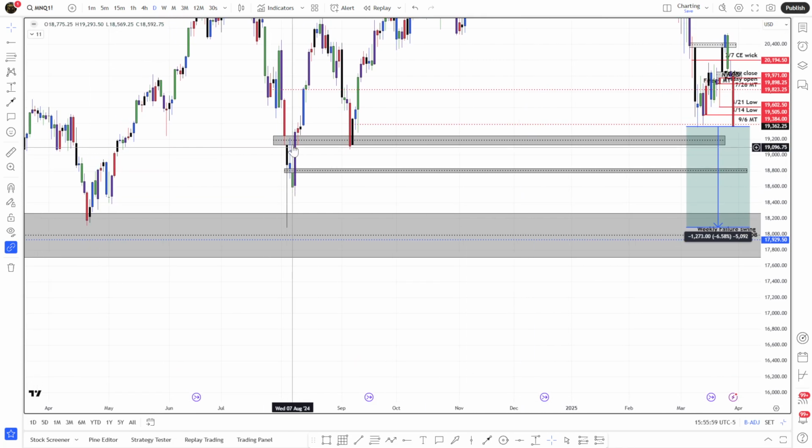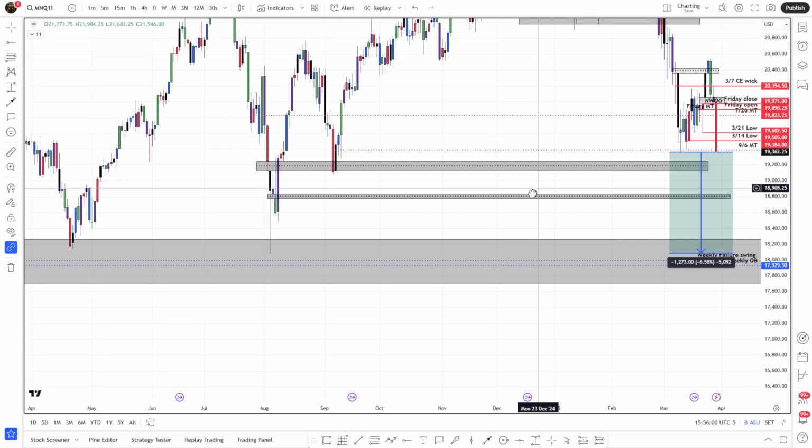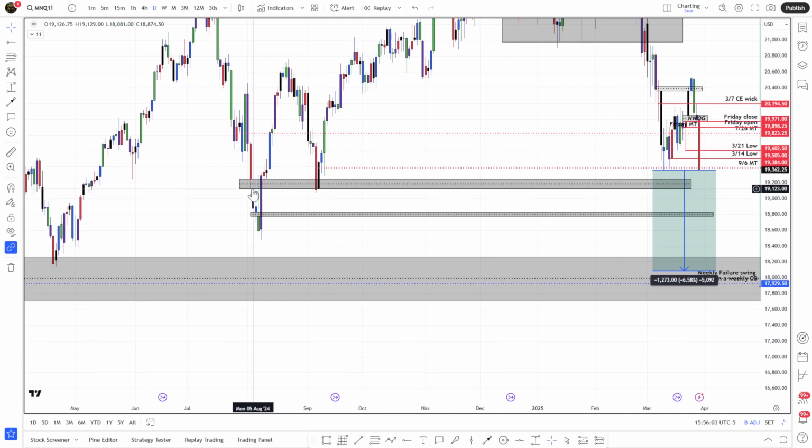And then we kind of have this large Monday candle. So we have the opening of Monday and an opening of Monday right here, both sitting at this level, and a couple other points of interest right along the same level. So I could see maybe some manipulation back up here where we have this previous Monday low.